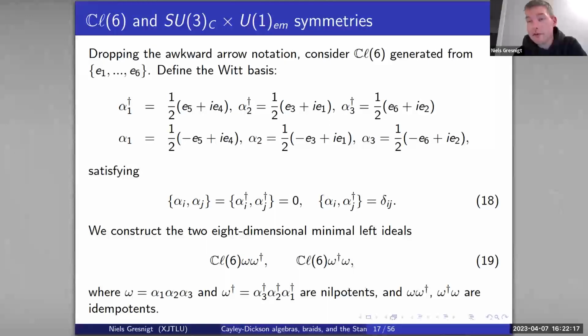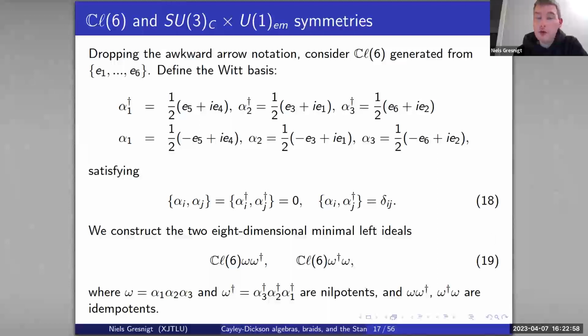And from these, it's very straightforward to construct the minimal ideals of a Clifford algebra. And the way that that works, looking at equation 19, is by letting the algebra act on a primitive idempotent. So a primitive idempotent is something that squares to itself. And in this case, that primitive idempotent will be omega times omega dagger, or omega dagger times omega, which is defined as the product of alpha 1 with alpha 2 and alpha 3, or the Hermitian conjugate of that. Now, individually, they are nilpotent, so they square to 0, but when we multiply them together, we get an idempotent.